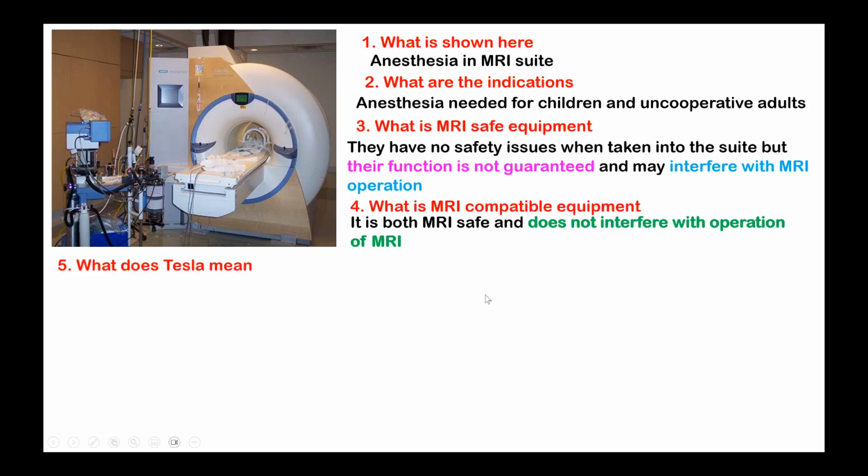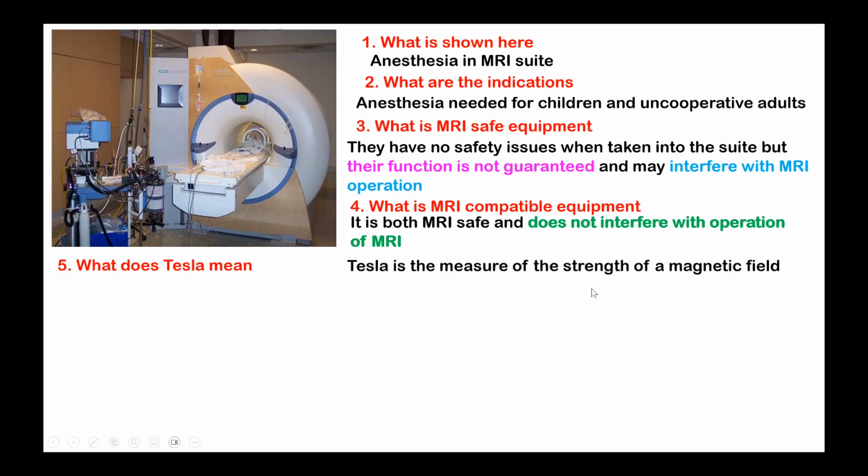What is Tesla? All of you know that MRI machines are advertised as 1.5 Tesla, 2 Tesla, 3 Tesla. What does the word Tesla mean? The strength of the magnetic field. Okay?